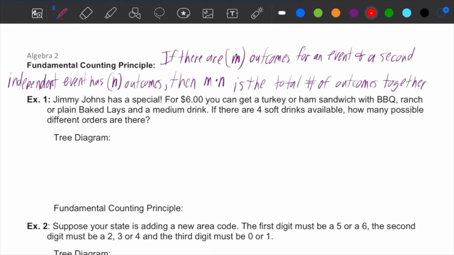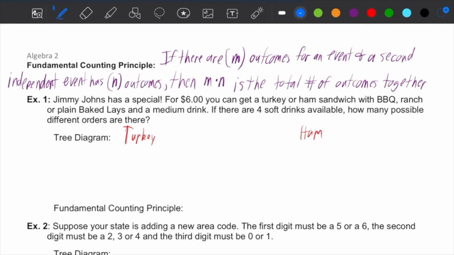So let's say Jimmy John's has a special. For $6, you can get a turkey or ham sandwich with barbecue, ranch, or plain baked Lay's, and a medium drink. So now there's 4 soft drinks available, and we want to know how many possible different orders there are. You can do a tree diagram, for example. Out of your 2 sandwiches, you have turkey and you have ham.